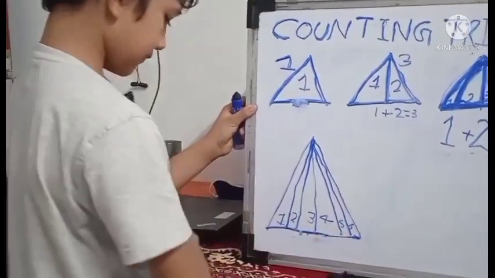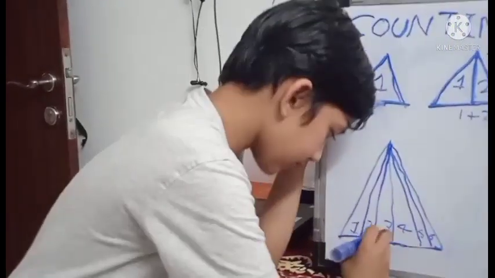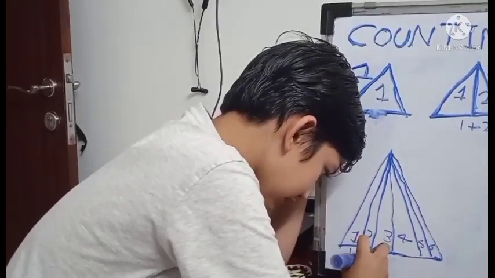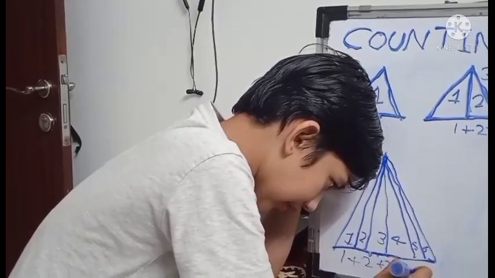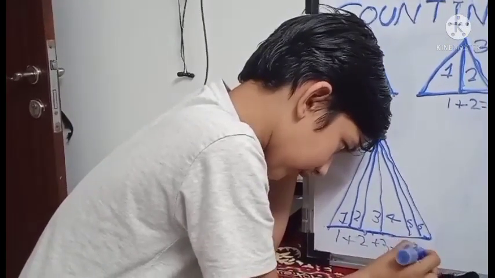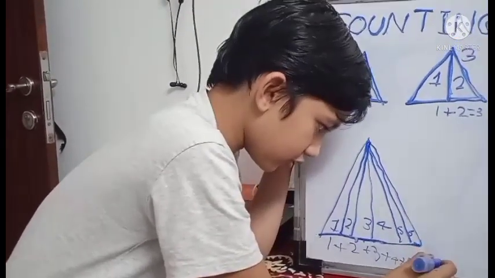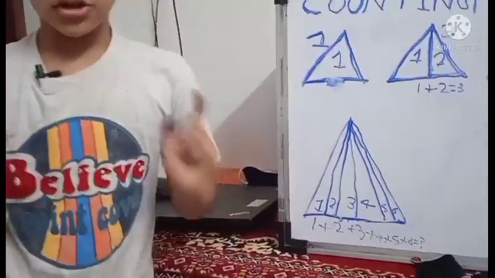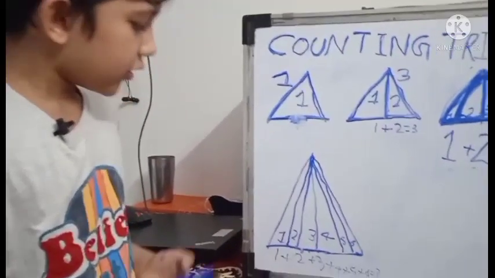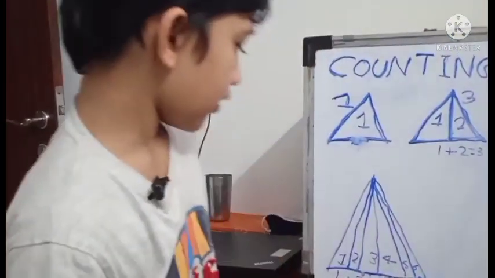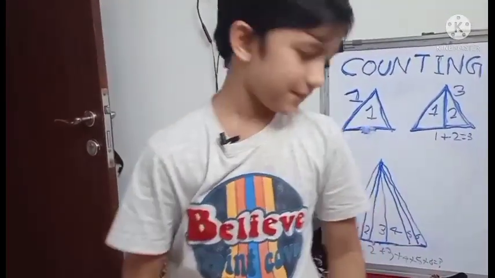First, I will erase this. 1 plus 2 plus 3 plus 4 plus 5 plus 6 equals how much? 1 plus 2 equals 3. 3 plus 3 equals 6. 6 plus 4 equals 10. 5 plus 6 equals 11, and 10 plus 11 equals 21.